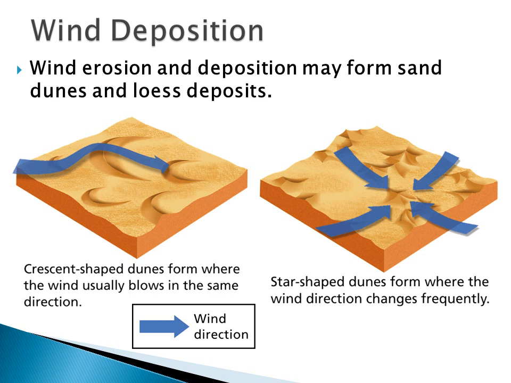Loess helps to form fertile soil. Many areas with thick loess deposits are valuable farmlands. So these are the types of deposits which form as a result of wind erosion.